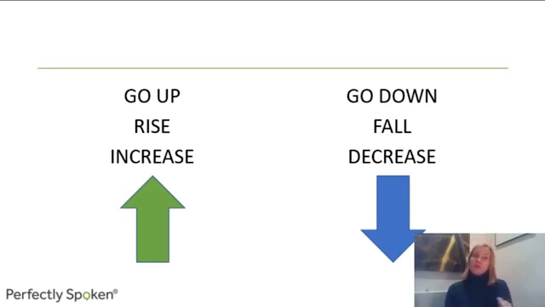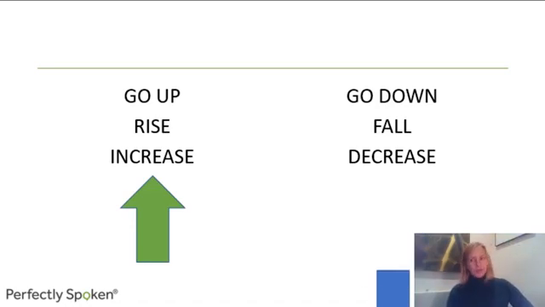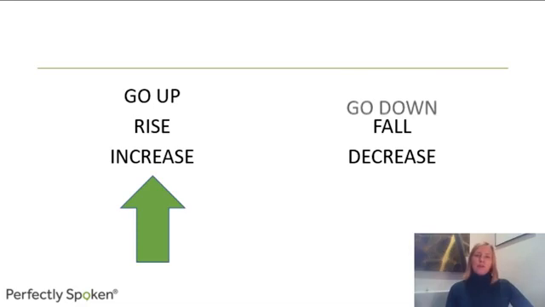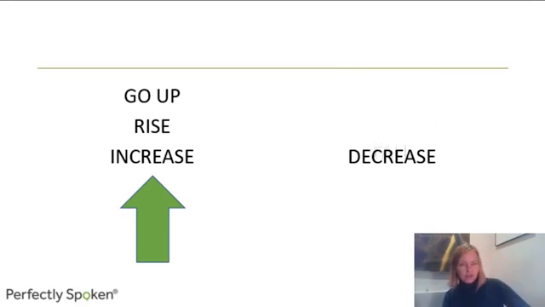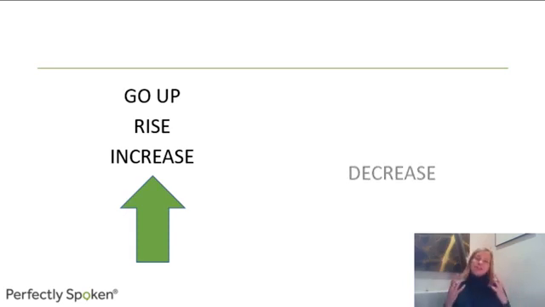So then we've got some other verbs related to go down. So we've got go down, fall, and decrease. And again, fall and decrease can be a verb or a noun. Today, we're going to use them as verbs.